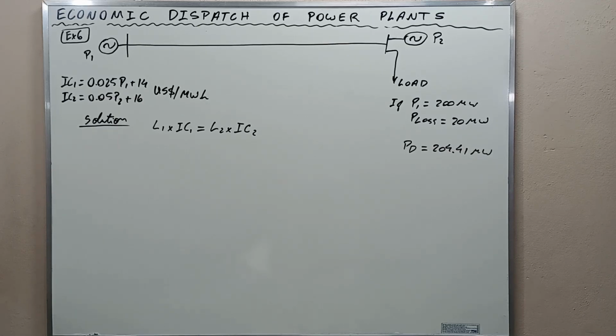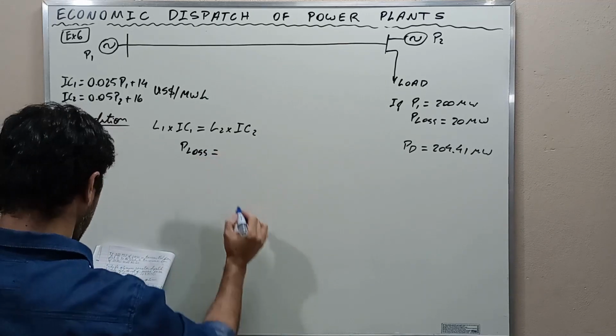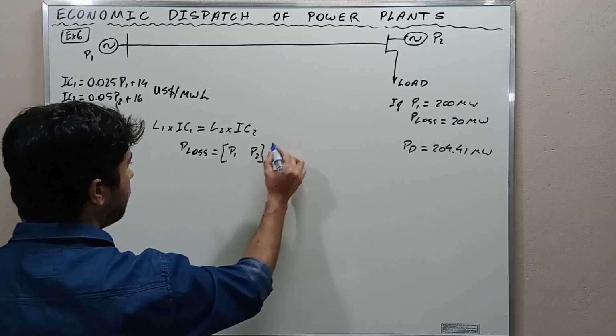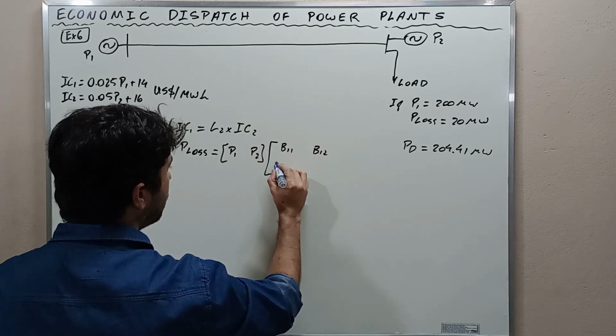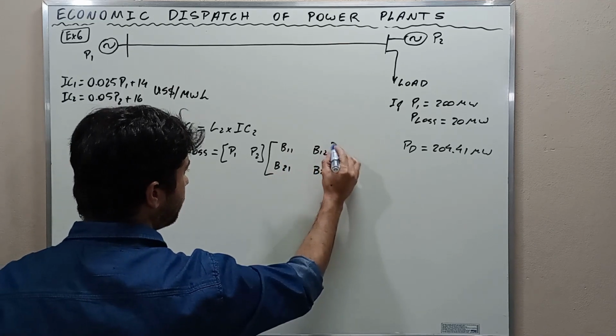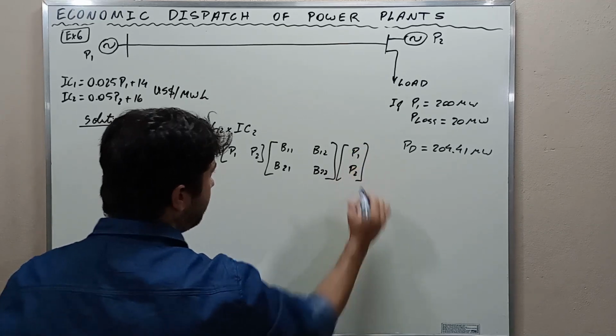Since L1 and L2 depend on the system losses, we need to find an expression for the losses. Alright? We are going to use this: P losses equals P1, P2, times the matrix B11, B12, B21, B22, times P1, P2, okay?